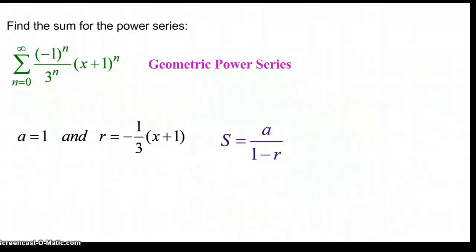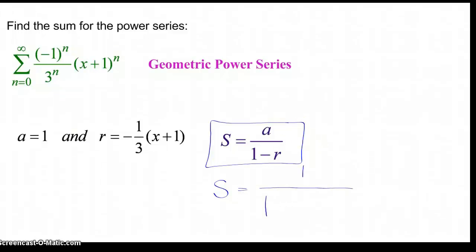And then we're going to go back here, and we're going to use the fact that we know for any geometric series, the sum is a over 1 minus r, where a is 1 and r is negative, right? We could write it that way. Might be easier to write it that way. And then we can clean it up some. 1 over 1 plus (x plus 1) over 3.